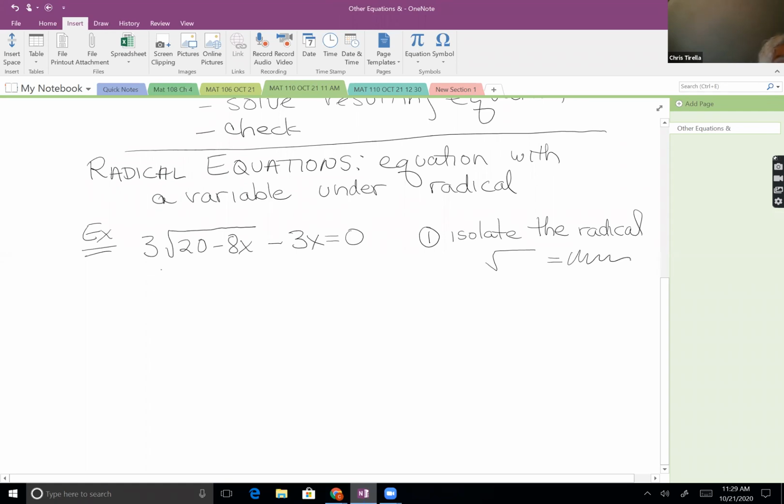So here, to get my radical alone, does it make sense? We'll add 3x to both sides, giving me 3 times the square root of 20 minus 8x is equal to 3x.